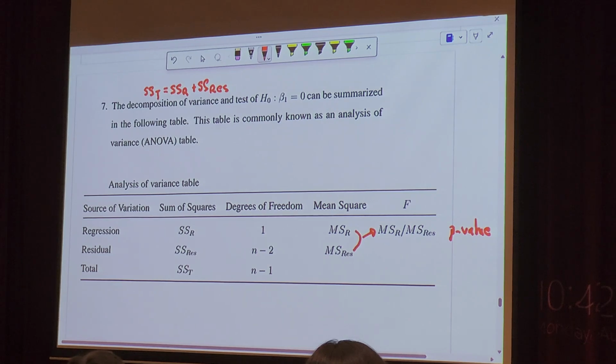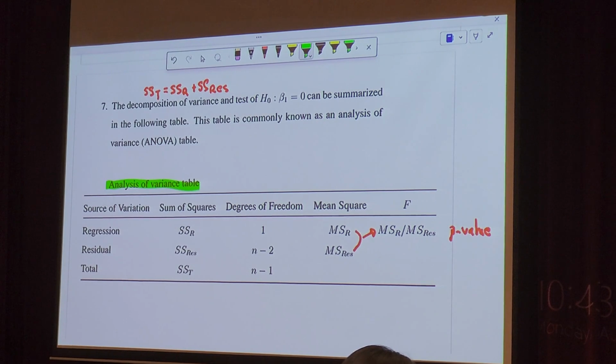So that's the idea. Now this idea of analysis of variance table, I'm sure you will come across it many times when you take another course called experimental design. And when you take that course, you will realize that experimental design and linear regression share the same theory.